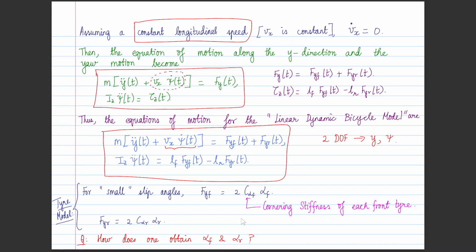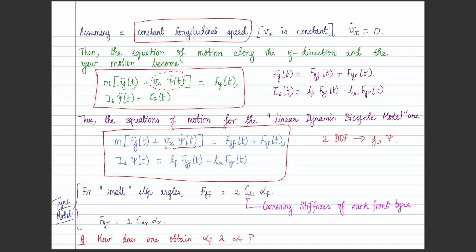If we assume constant longitudinal speed, Vx becomes constant. That means V dot equals 0. Then the equation of motion along the y direction becomes this. So here this thing goes to 0, right?